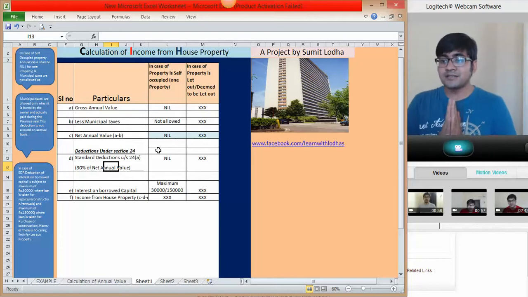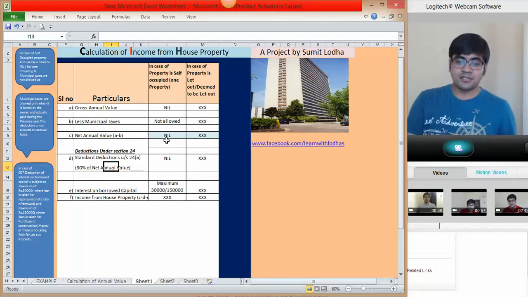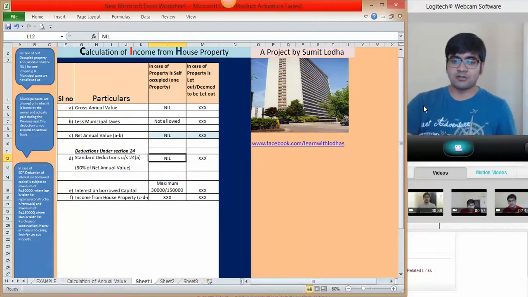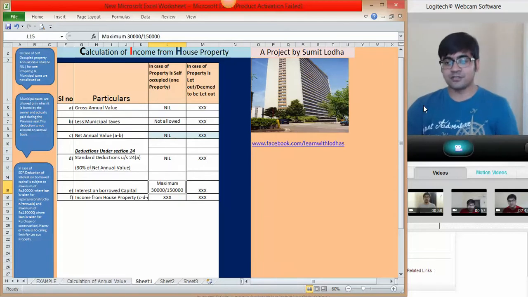The maximum loss which a property can have when used for self-occupied purpose is 1,50,000 rupees only. It won't go beyond that. If the net annual value is nil, the standard deduction is nil, and interest on borrowed capital is 1,50,000, then the income from house property will be minus 1,50,000. It is the loss from house property.